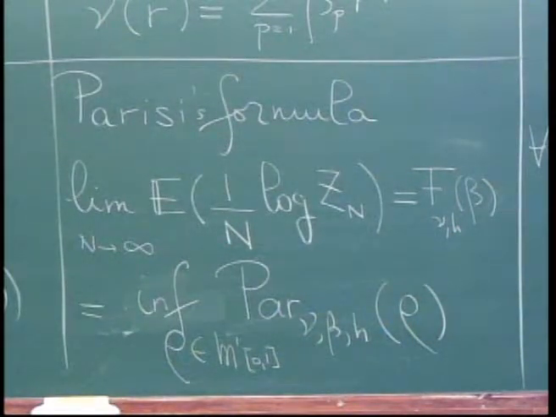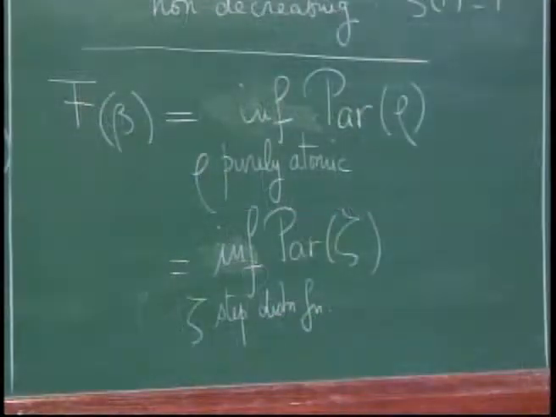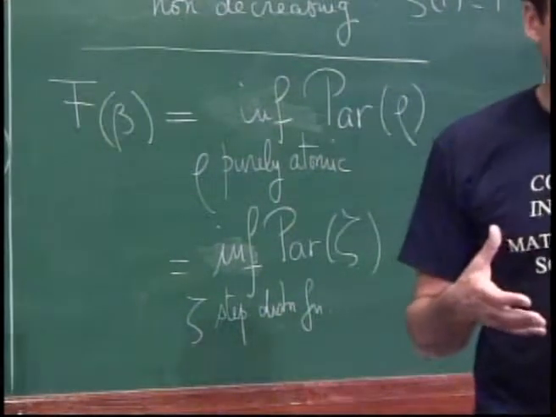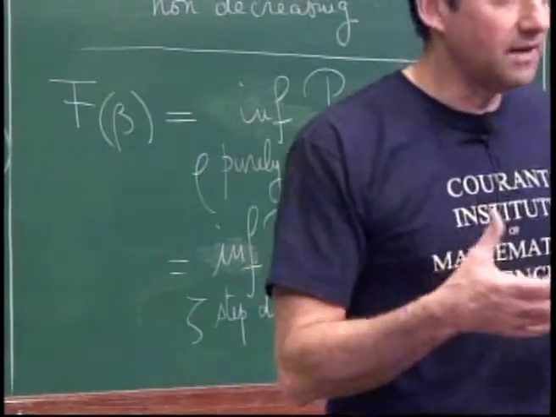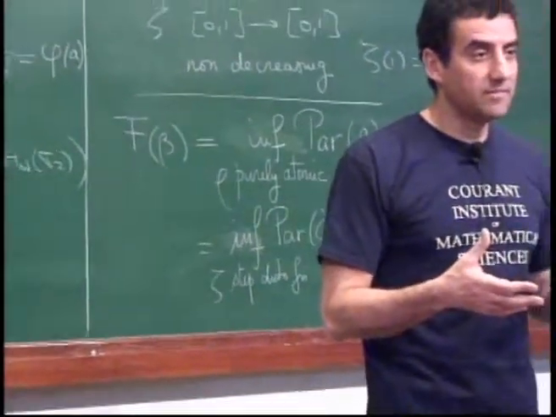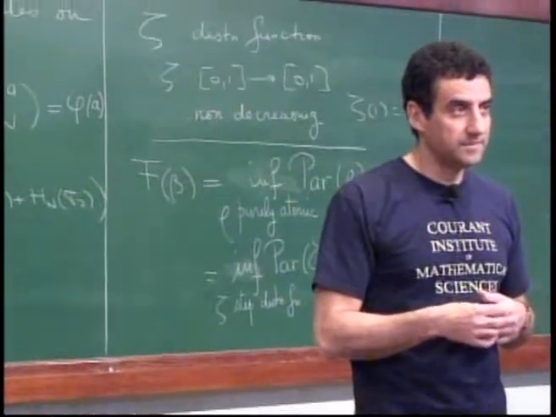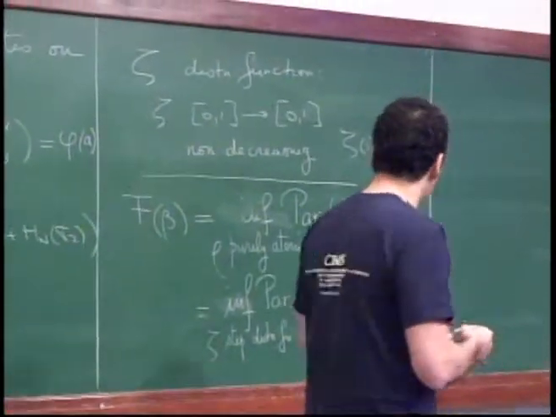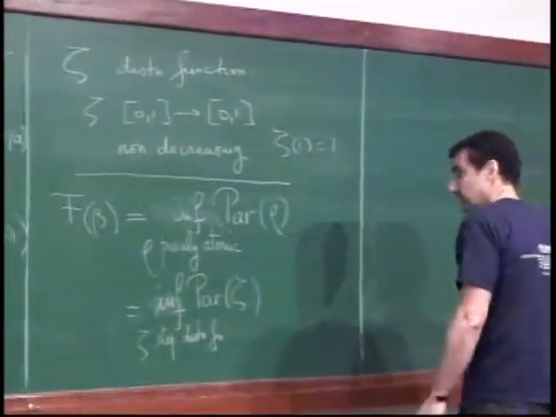You can simply look at it as an infimum over all discrete probability measures if you want. Nothing tells you that, of course, this infimum is achieved on such a discrete thing. Okay? If it is achieved on such a discrete thing, then we will say that there is a finite level of replica symmetry breaking. Okay?